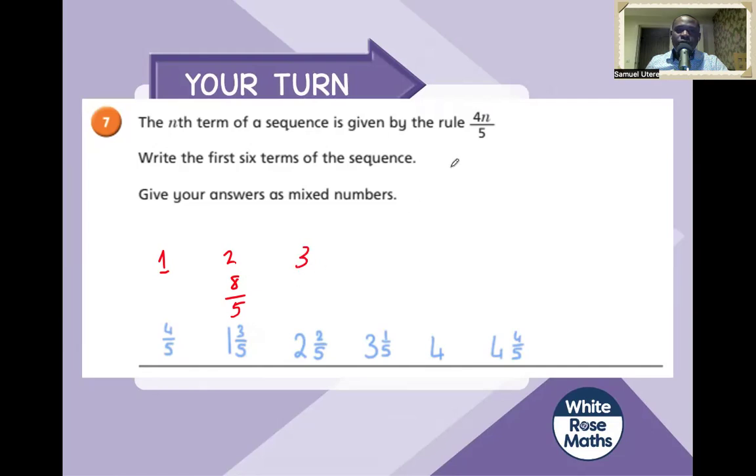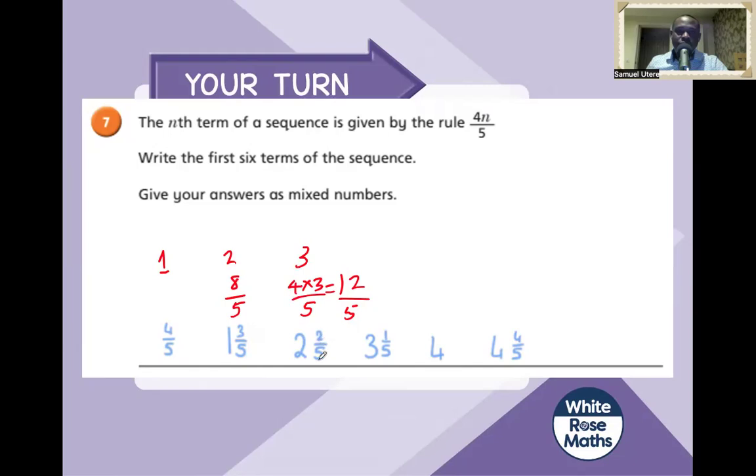You say, okay, what about the third one? It's going to be 4 times 3 over 5. Oh, you say, I get it. It's 12 over 5. How many fifths can I get from here? 5 fifths will give me a whole, so I can get 2 groups of 5 fifths, and I'm left with 2 fifths, because 2 groups of 5 fifths will be 10.